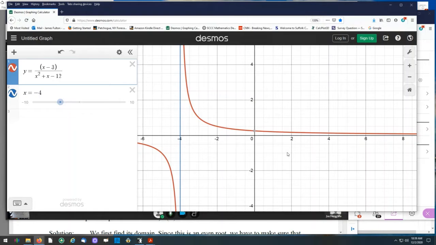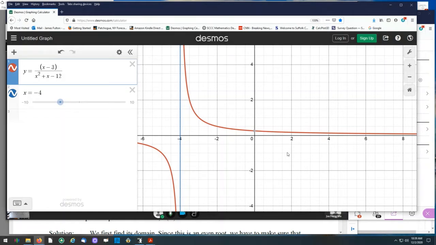Algebraically, I can write this as x minus 3 over x plus 4 times x minus 3. Now I can cancel these factors, but if I do that, I'm saying x can't be equal to 3.